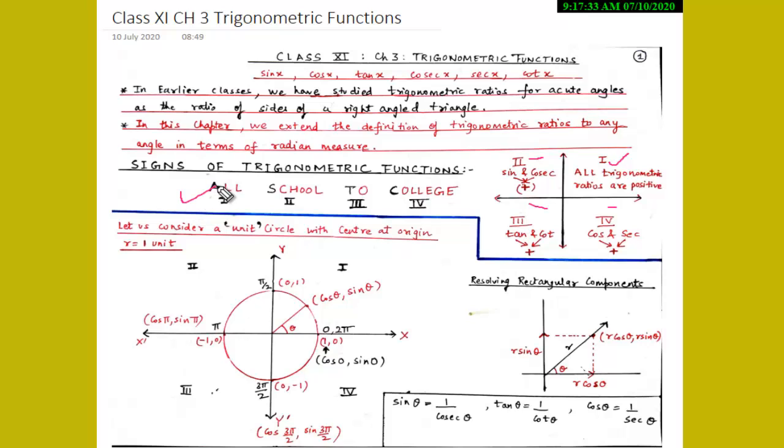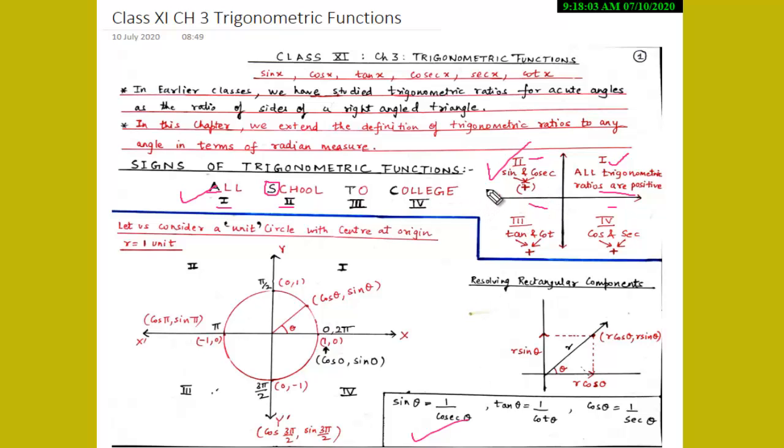Here, "All" stands for the first quadrant, which means all the trigonometric functions are positive. And in "Students", the first letter is S, which stands for sine. We know that sine theta is equal to 1 upon cosec theta. So in the second quadrant, sine and cosec are positive and the rest of the trigonometric functions are negative.